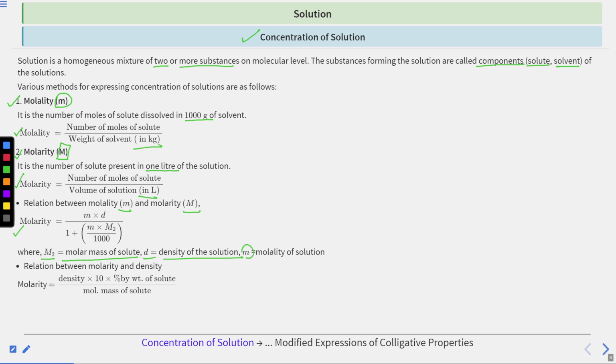And m is the molality of the solution. The relationship between molarity and density is given by this equation: density into 10 into percent by weight of solute, divided by molar mass of solute, is equal to the molarity.